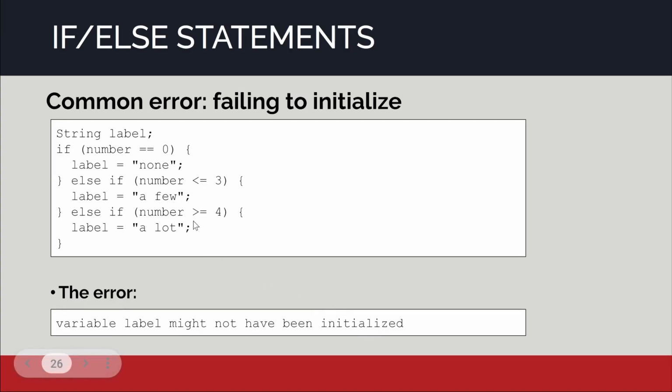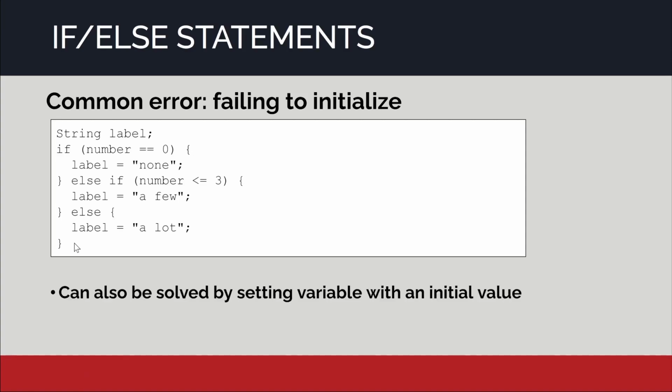The reason is that Java isn't smart enough to know that this is exhaustive, that you have accounted for all the cases that you wanted to account for. One way to make this error go away is by having that last else if statement just be else. So it'll fall through to else in this case and always do this if the first two if statements fail.